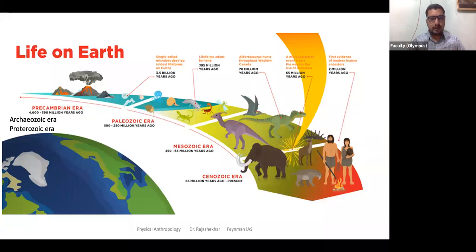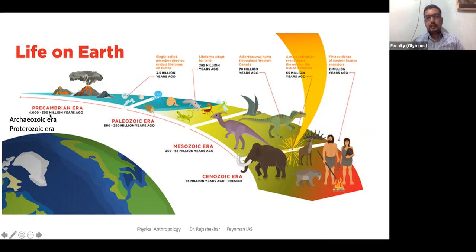Those things might have happened when Earth originated. But it took almost a billion years to show life on Earth. So about 3.5 billion years ago, single-celled microorganisms formed. This is probably the first sign of life as far as our understanding goes.